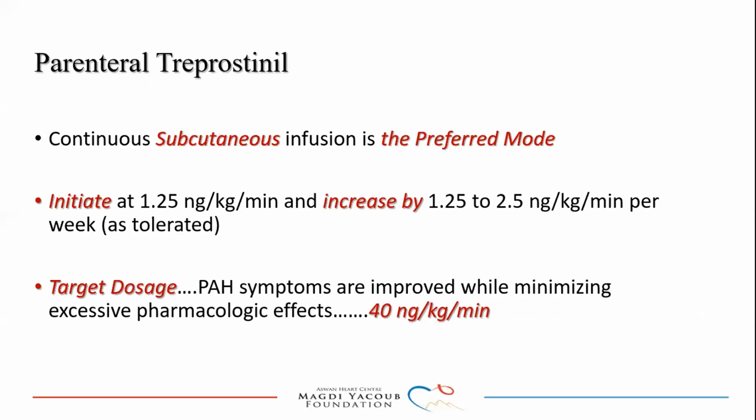It is initiated at a dose of 1.25 nanogram per kg per minute and gradually up-titrated by 1.25 to 2.5 nanogram per week. Our target dose is the dose keeping the PH symptoms minimal while minimizing excessive side effects, which is usually around 40 nanogram per kg per minute.